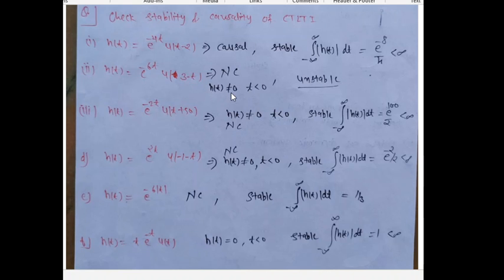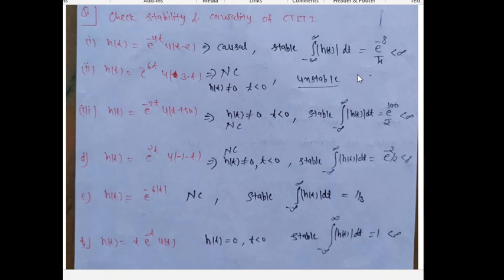For causality, s(t) should be 0 for t less than 0, but this is not 0, because this function starts from minus infinity to plus 3. Okay, so what is the limit of t here? Minus infinity to plus 3. So for t less than 0 it is not 0, so this is not causal.